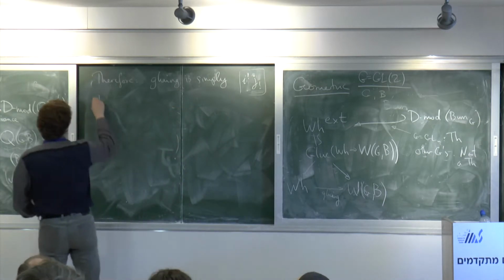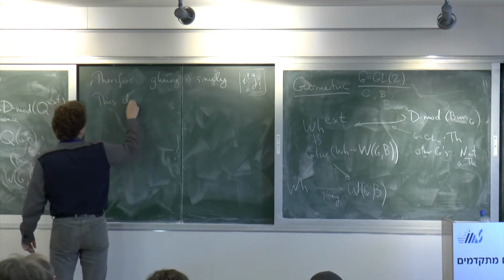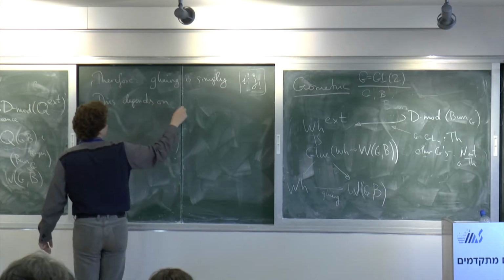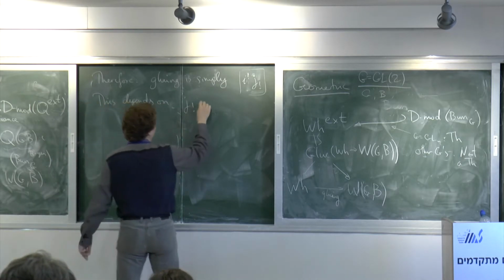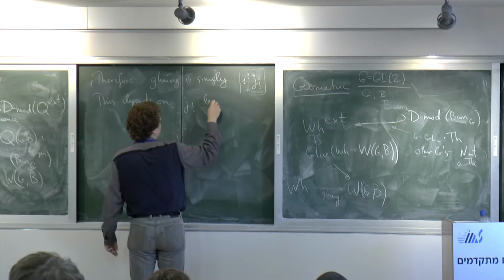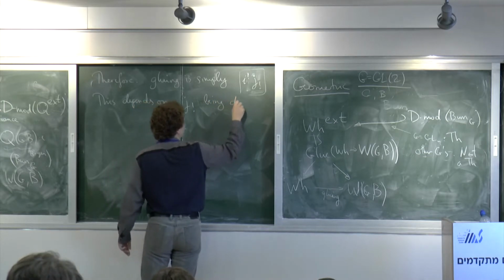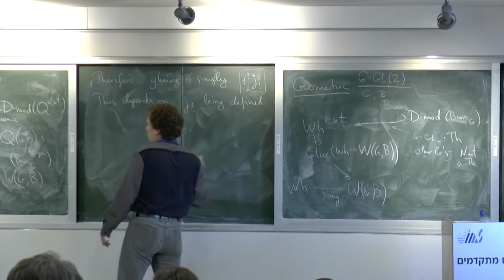So this depends on J lower shriek being defined. Now, where does it?